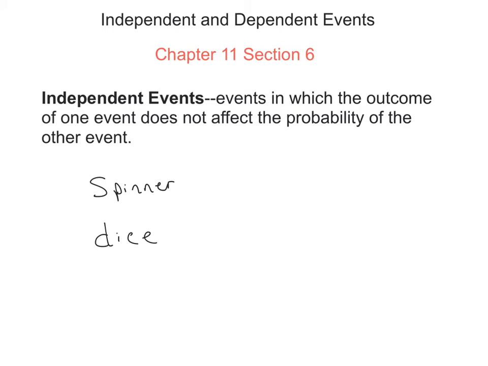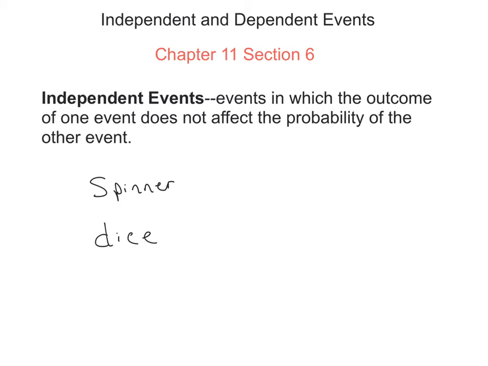Now, nothing has changed in the problem. So therefore, when I reach my hand in there and grab it again, it's just like I'm grabbing a marble for the first time. So therefore, that's an example of an independent event. It's only independent if I put the marble back into the bag before my second grab.